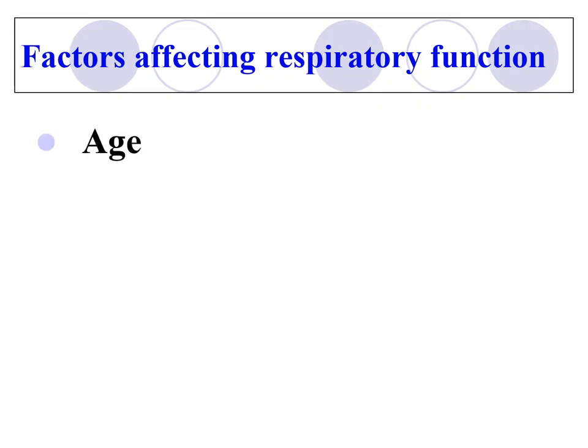The first one is age. Age affects respiration: for new infants, you will find that the respiratory rate is high and it will reach up to 40 respirations, inspiration and expiration, per minute, because the metabolism in infants is higher, and their lungs are small, their heart is small.